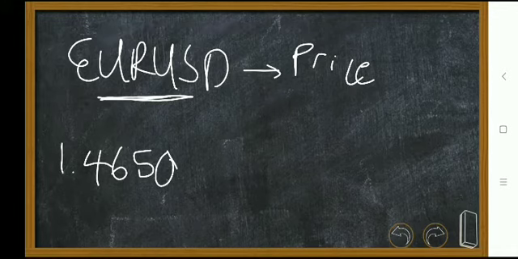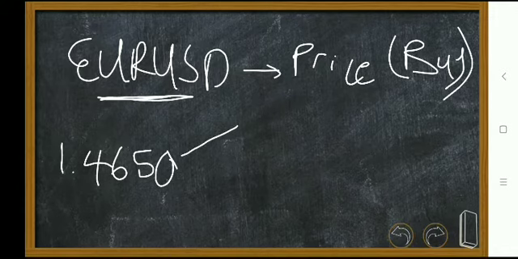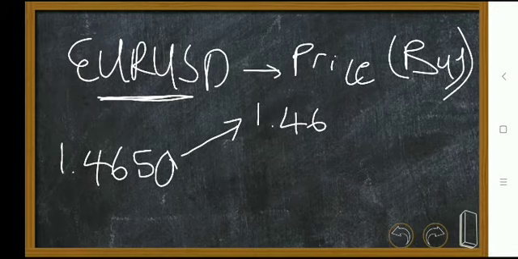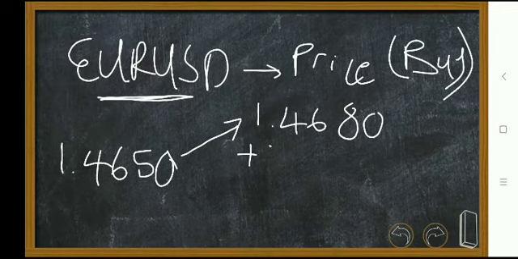So when this price goes up, let's say to 1.4680, you can see that it has gone up by 30 pips.